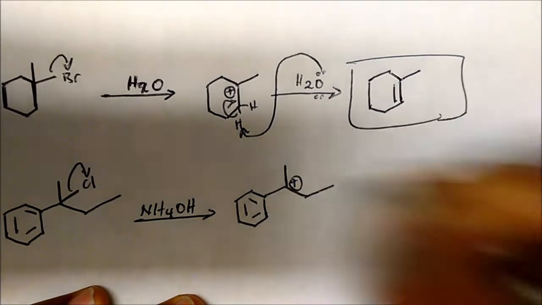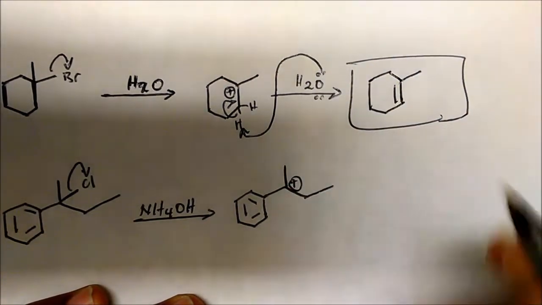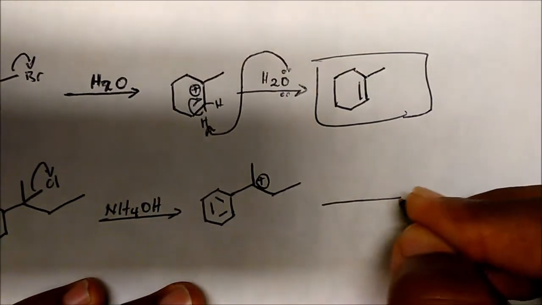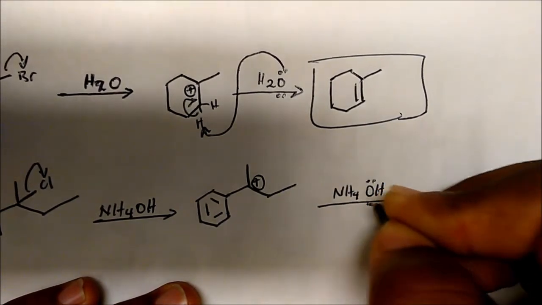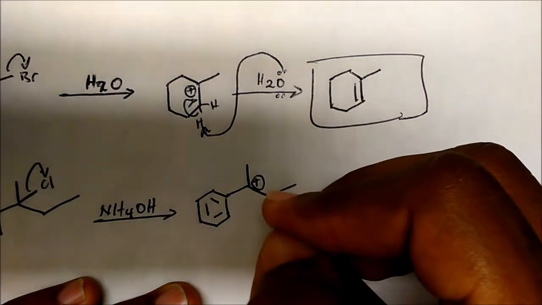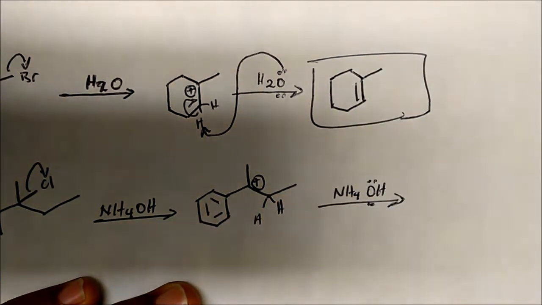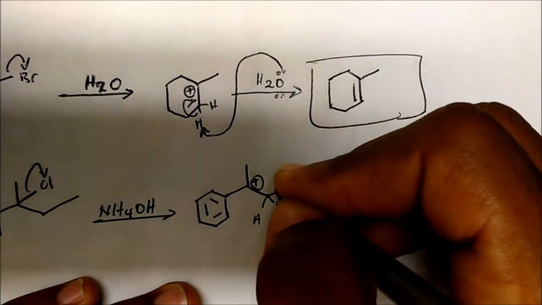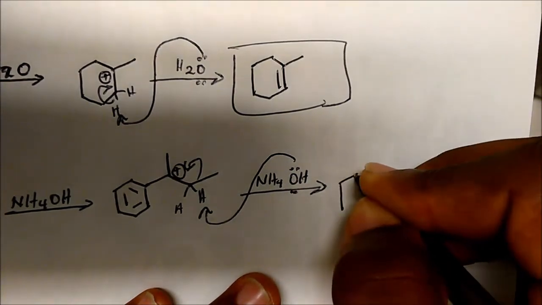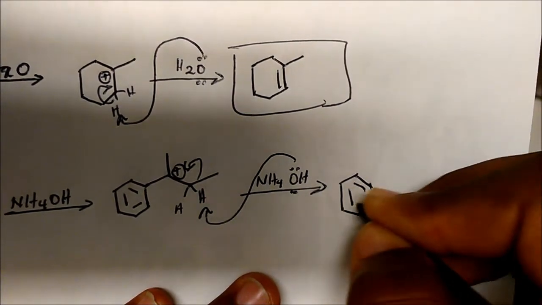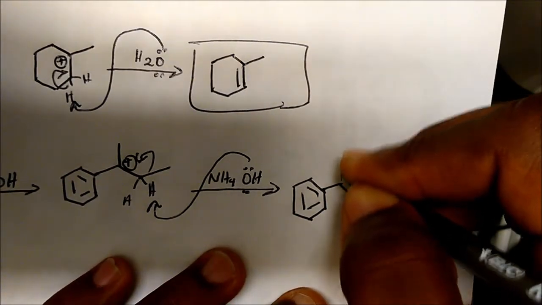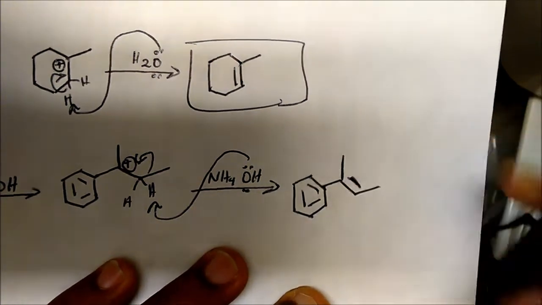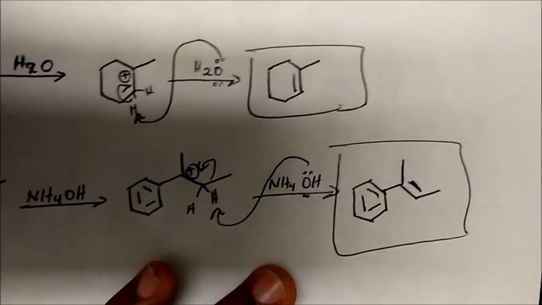And we get an intermediate that looks something like this, with a formal +1 charge located at this carbon here. All right. And the last step in the mechanism, ammonium hydroxide comes in, acts as a base, takes off a hydrogen, kicks the electrons over, and you get your neutral product to be something like this.